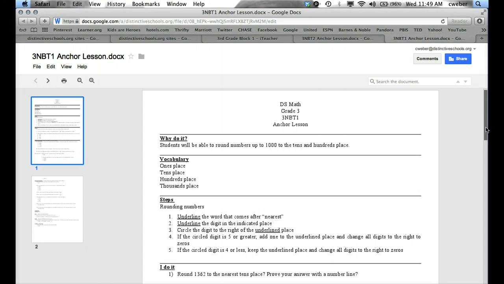We want to connect to some existing knowledge that the kiddos have. So we're rounding today, but you might say in connecting to prior knowledge, hey, rounding is something that we're familiar with, but it's used when we're estimating, because sometimes an estimation is sufficient when we're answering math questions.